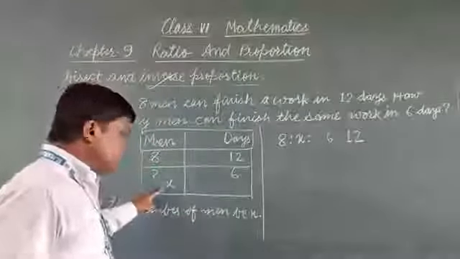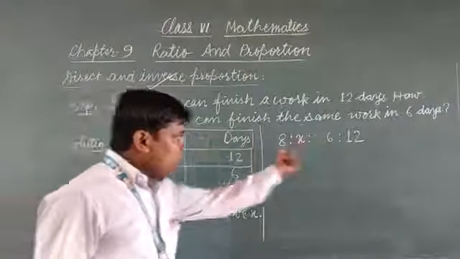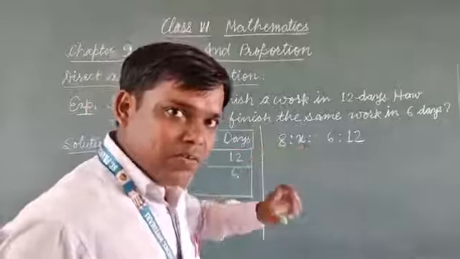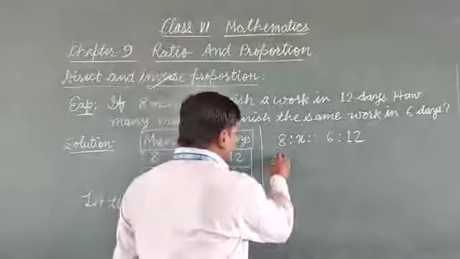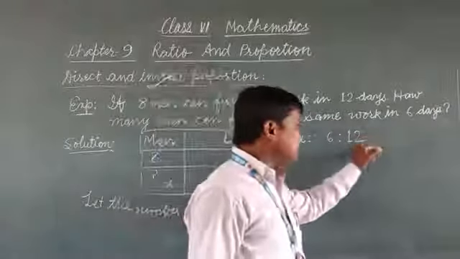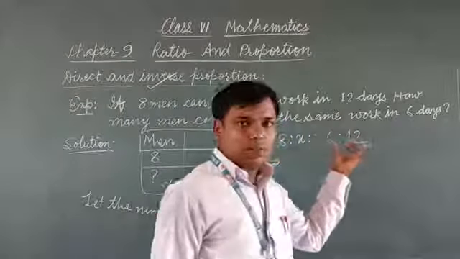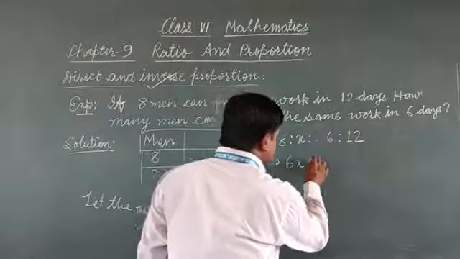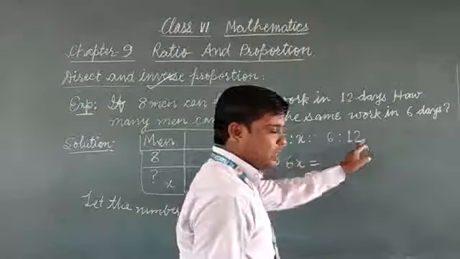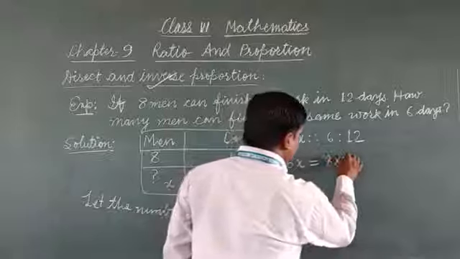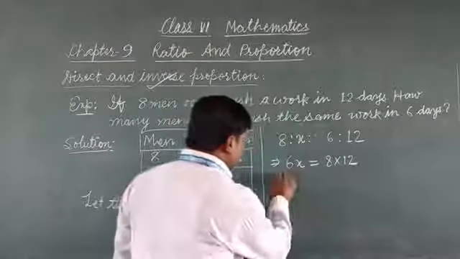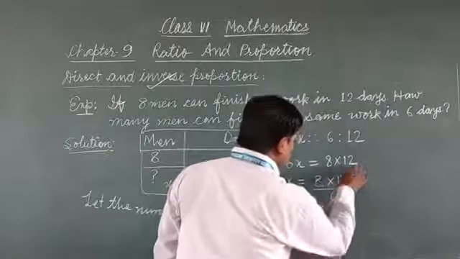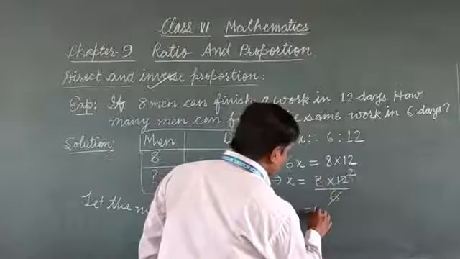So we write 8 is to x inversely proportional to 6 is to 12, since it is the case of an inverse variation. And now again we have the product of extremes is equal to the product of means. So here I am directly writing the product of means, 6x, is equal to the product of extremes, 8 into 12, and this implies that x is equal to 8 into 12 by 6. 6 twos are 12 and 8 twos are 16.